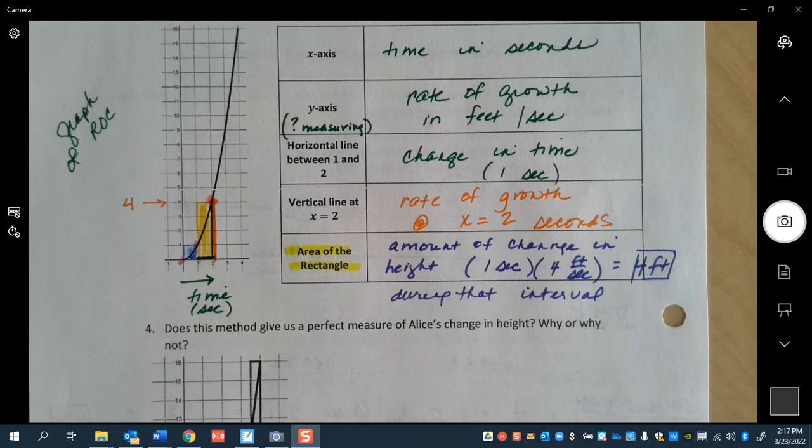I'm looking at his rate. I'm looking at the time.